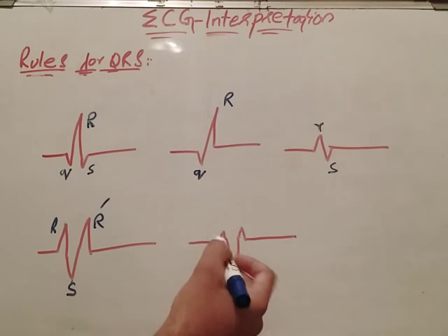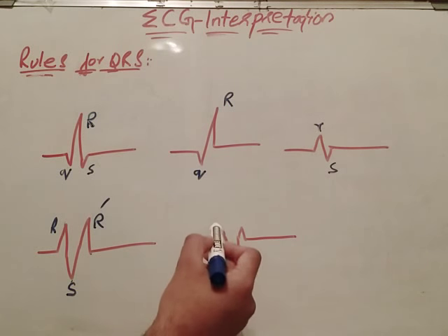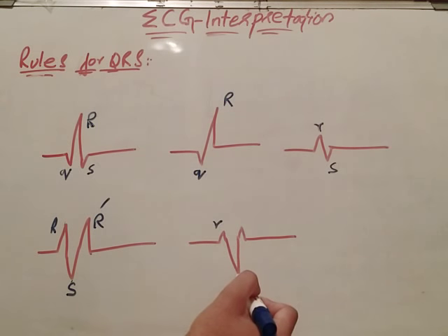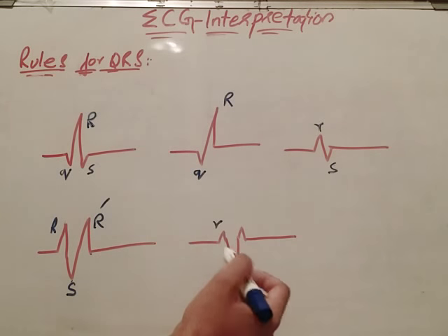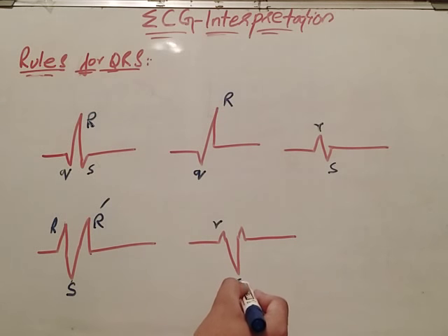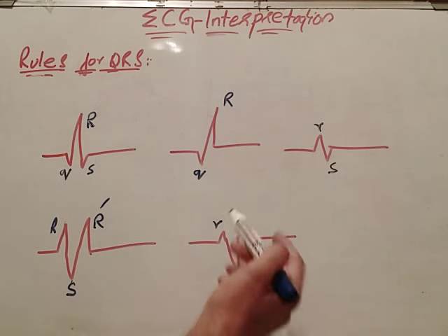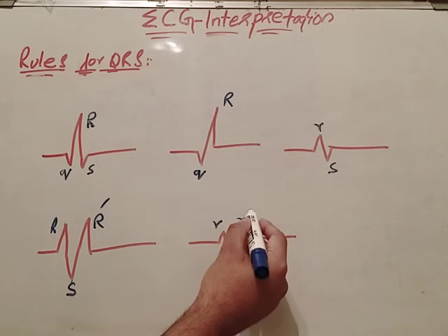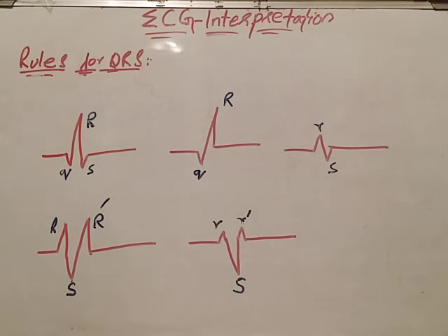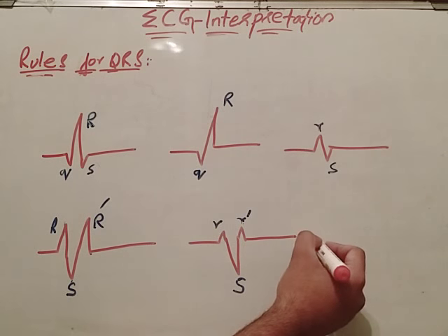And in this case, the first positive is R. The first negative after R will be capital S. And here, the second positive after S will be R prime. So I hope you understand.